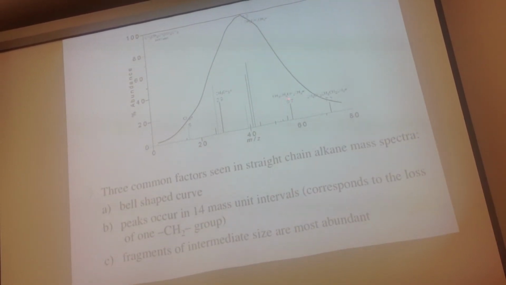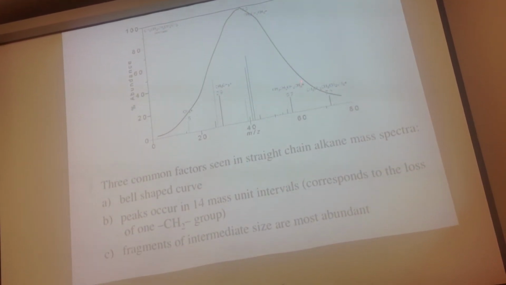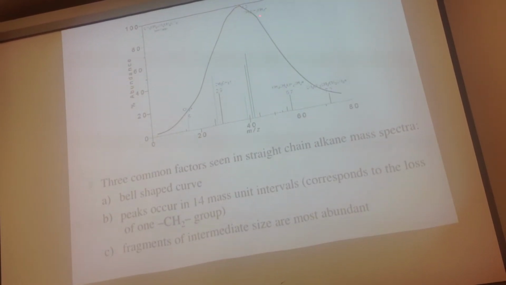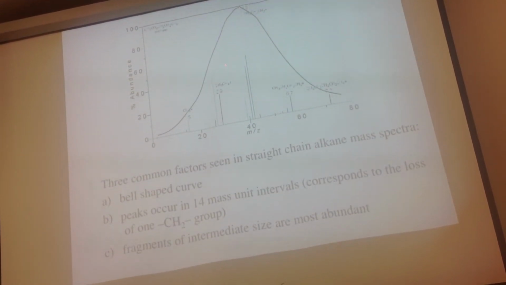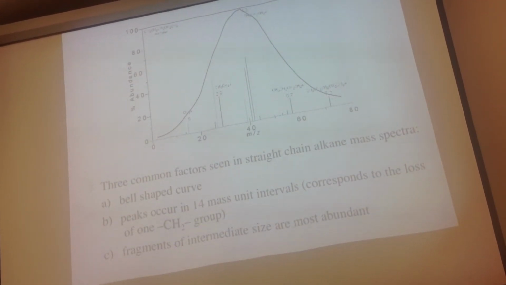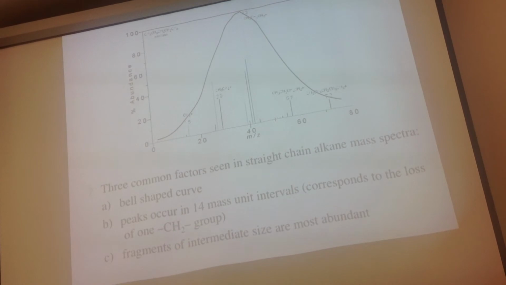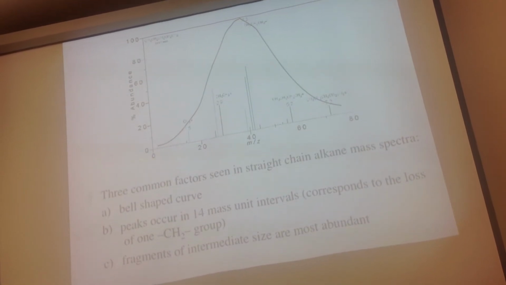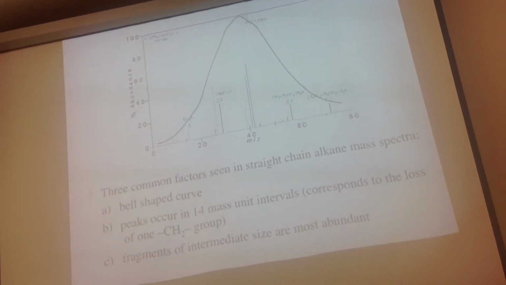So the difference between 57 and 43 was 14. That's that CH2 breaking off. Then we get this piece that's 3, chunk off another CH2, lose 14, we're down at 29. So what you end up doing is you break an end off, and then you start going minus a CH2, minus a CH2, minus a CH2. So it's very distinctive that the difference between the major peaks is 14, which is that CH2.